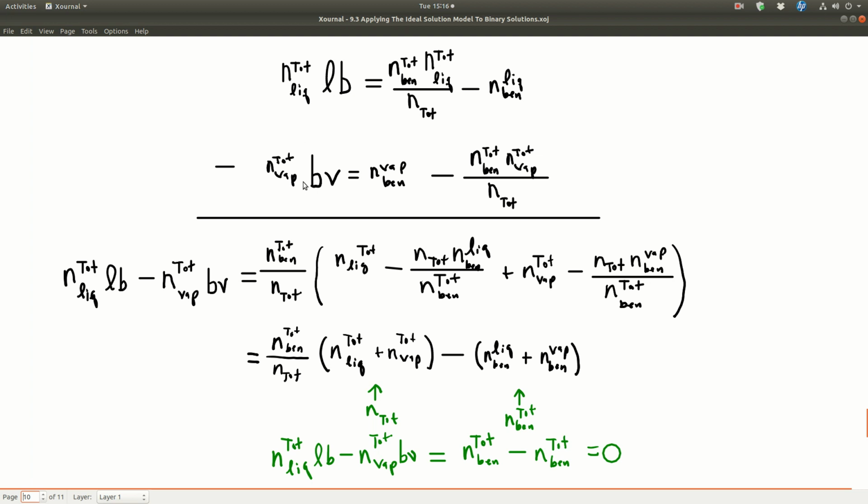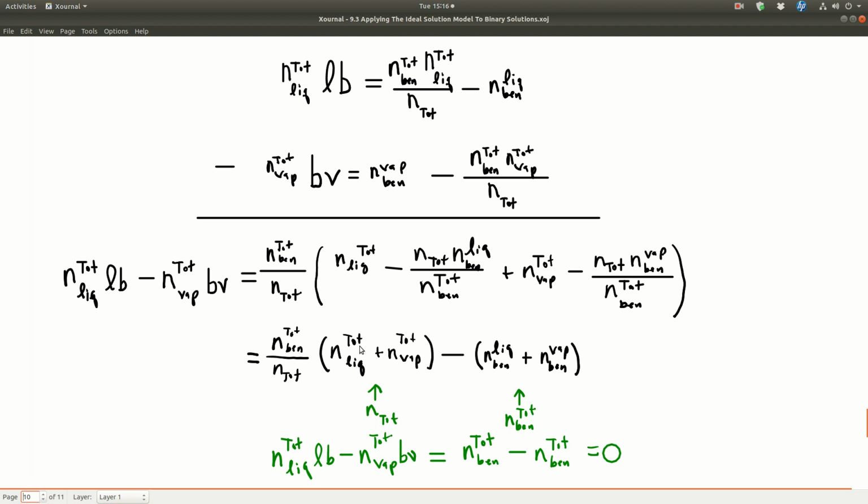Subtracting these two equations, we get this minus this is equal to, now there's just some algebra in here, so I pulled out total moles of benzene over total moles from here. We get this expression right here. And simplifying it further, we get total moles of benzene over total moles times total moles of liquid plus total moles of vapor, minus moles of benzene in the liquid phase plus moles of benzene in the vapor phase.